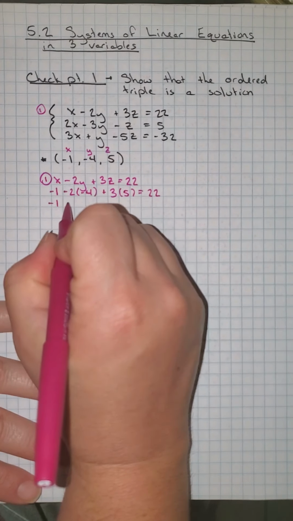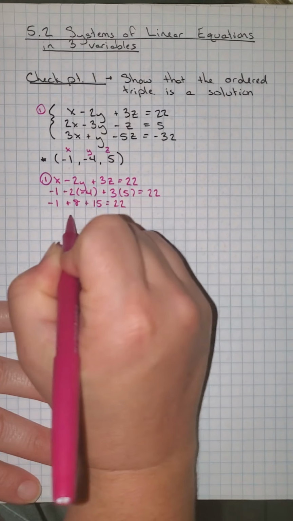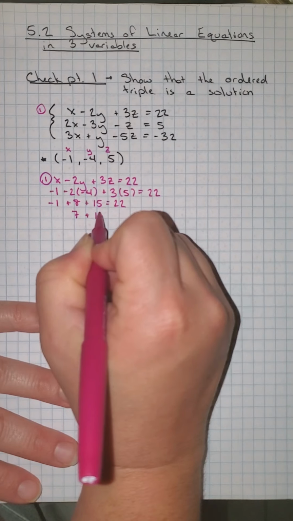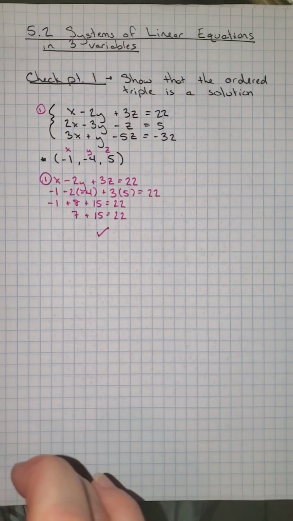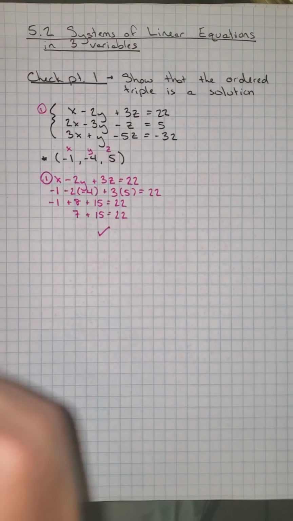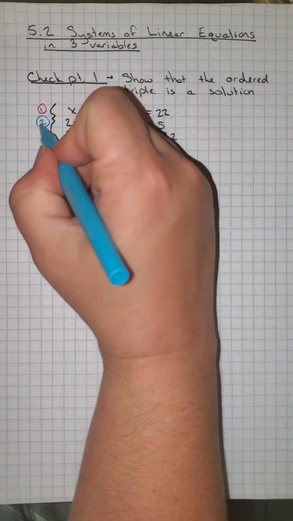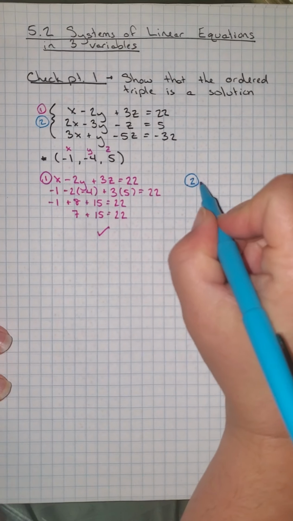Okay, so -1 plus 8 plus 15. So that's 7 plus 15. Does it equal 22? Yes, it does. So there it works in the first equation. So next I would go to the second equation and test our ordered triple in that one.